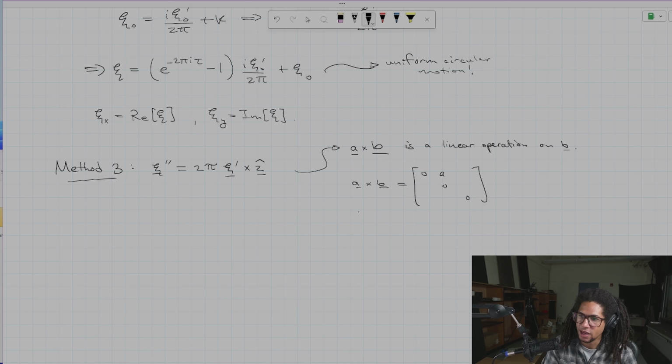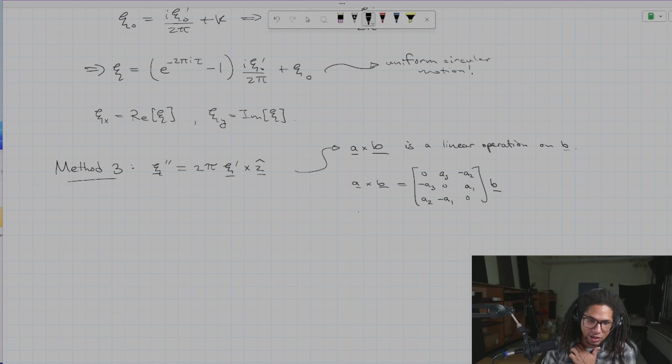So I'm going to get A3 here. Then I'm going to get minus A2 here and A1 here. And then on the other side of the diagonal, I'll just get the negative. So this is an anti-symmetric matrix. Minus A3, positive A2, minus A1 here. And then that times B.